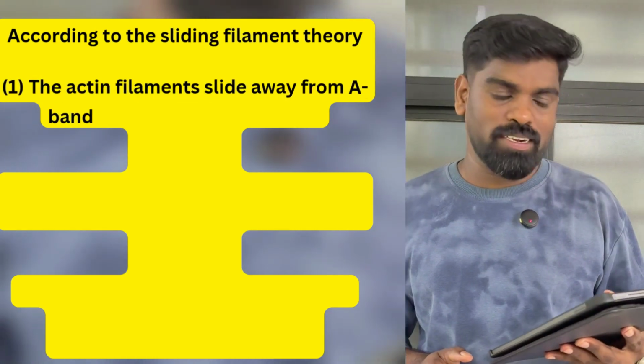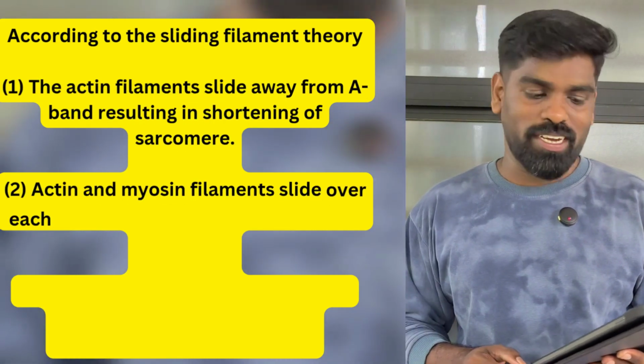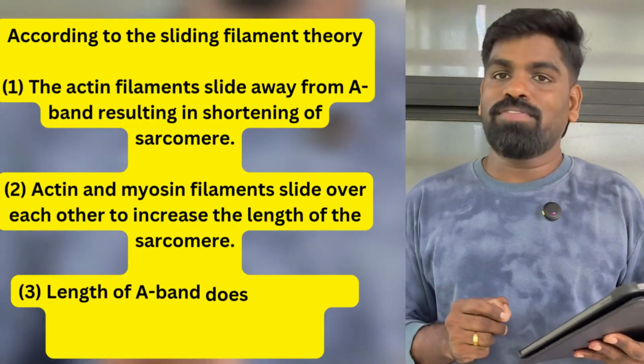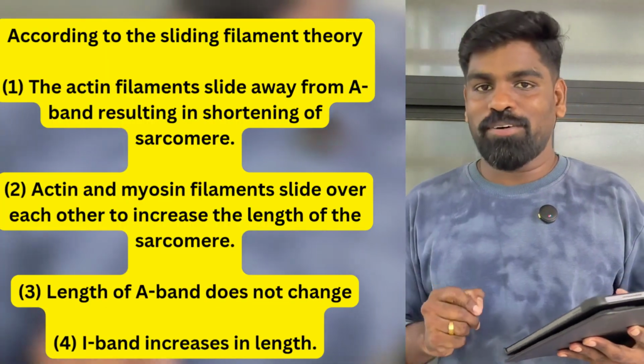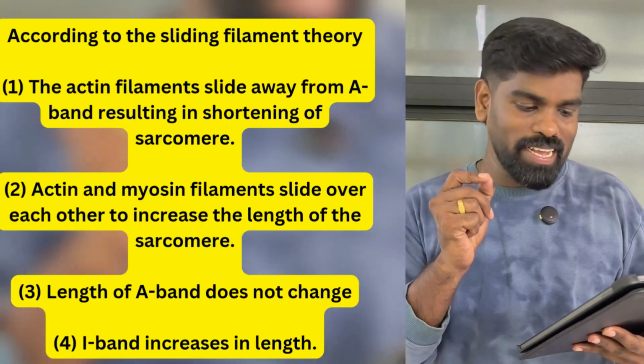A question from the concept of sliding filament theory. The first question is from NEET 2022. According to sliding filament theory, the thin actin filaments slide away from A band, resulting in shortening of sarcomere. What is the mistake in this?